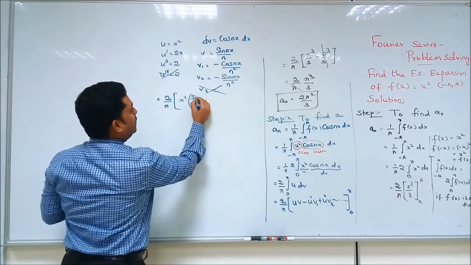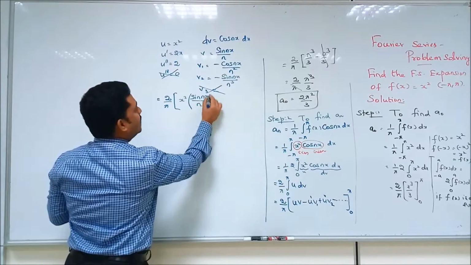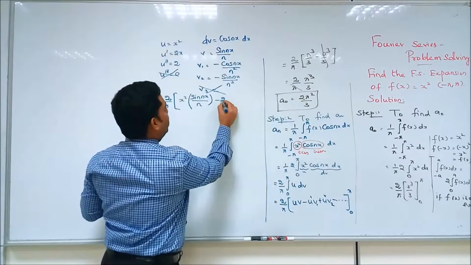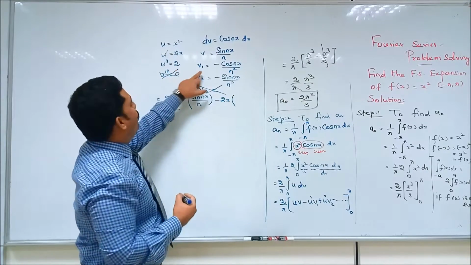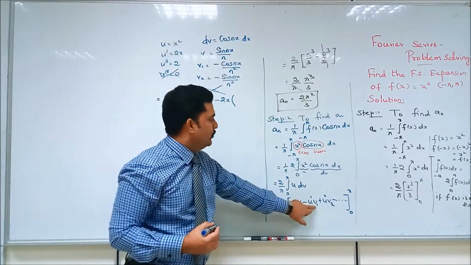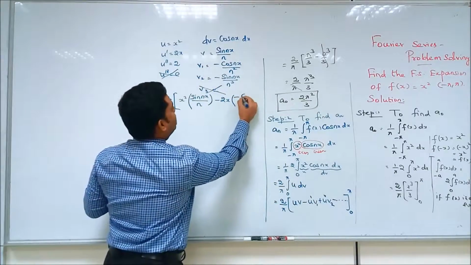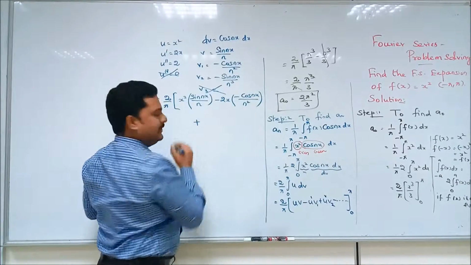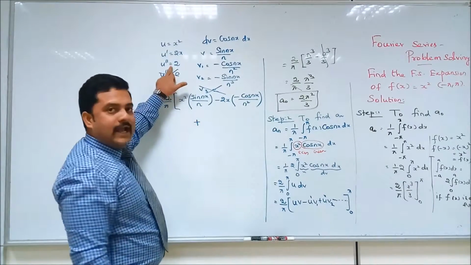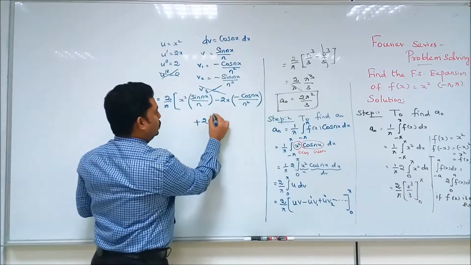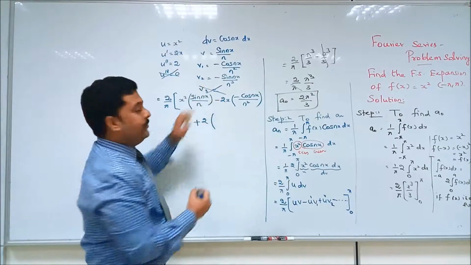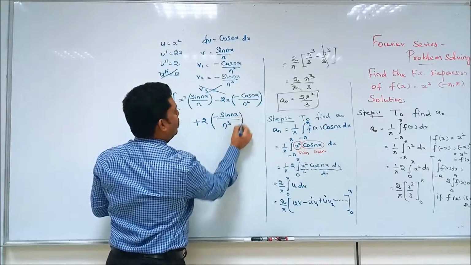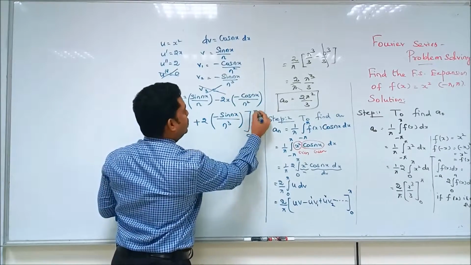Yes, this is sine nx divided by n, minus u dash, the value of u dash is 2x into v1, the value of v1, this one, v1 is minus cosine nx divided by n power 2, plus u double dash, this is 2. So it is 2 v2. v2 is minus sine nx by n power 3, from the interval 0 to pi.